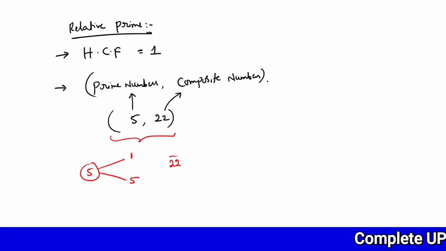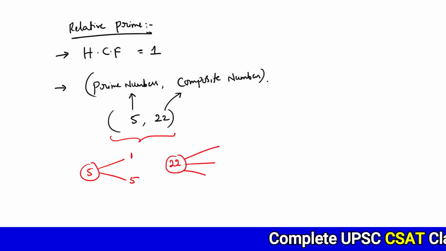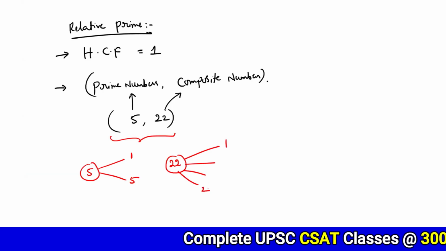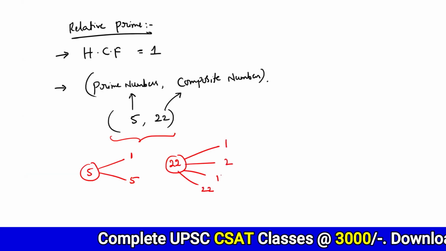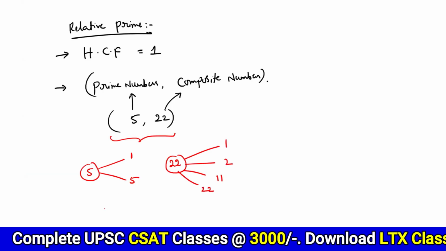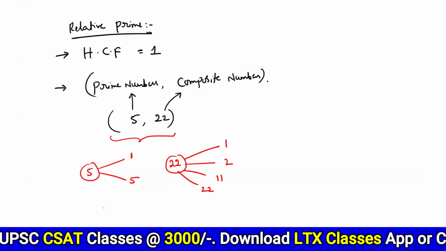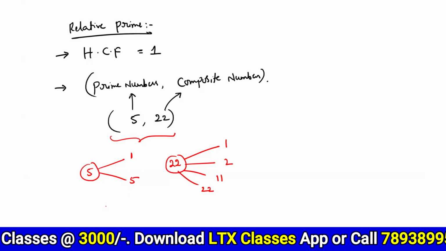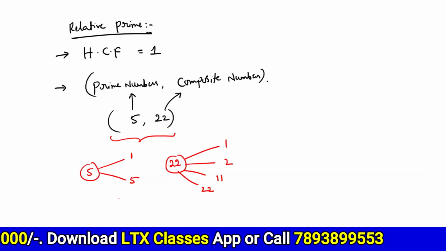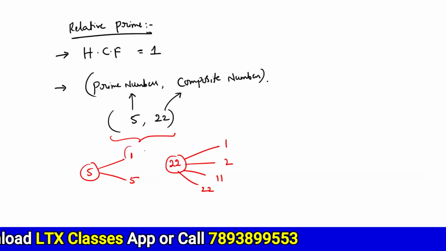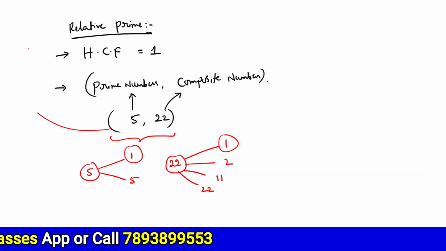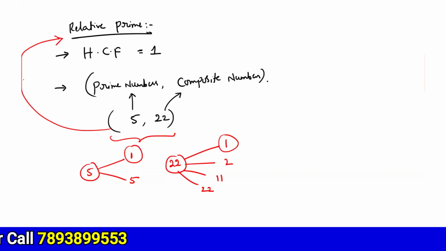For the number 22, the factors are 1, 22, 2 and 11. Out of all these factors, what is the common factor? 1. Yes, 1 is the common factor. If 1 is the common factor, obviously this pair will be considered as relative prime. That is what I am saying.